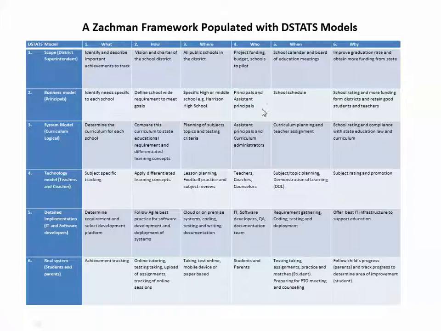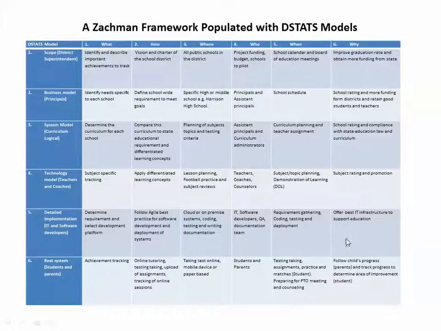The curriculum writers would for sure want their school to rate higher, but they will want to comply with state educational laws and curriculum to improve their graduation, while the teachers would want their subject to rate higher, and that would help their promotion if it is an achievement or performance based system.